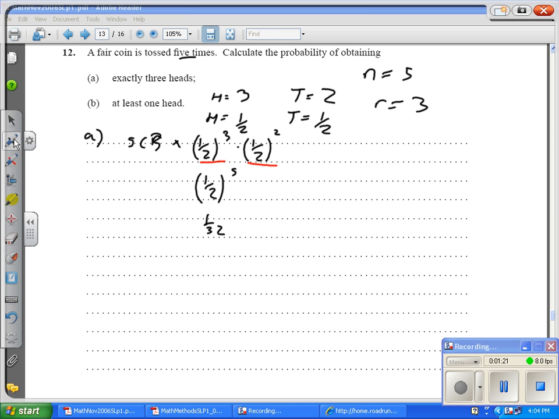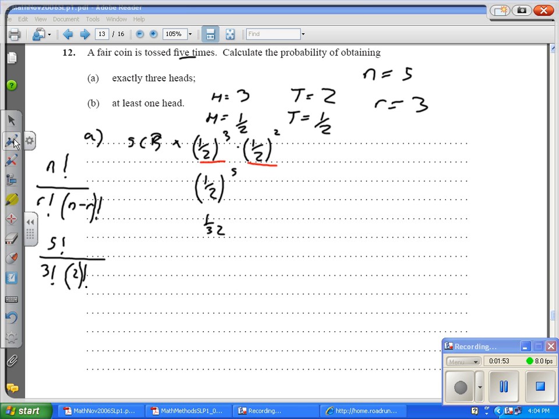And over here for 5c3, you need to be aware of the factorial formula for combination. You get n factorial upon r factorial and n minus r factorial. So over here we have n equal to 5, so 5 factorial upon r, which is 3 factorial, and n minus r is 2 factorial.